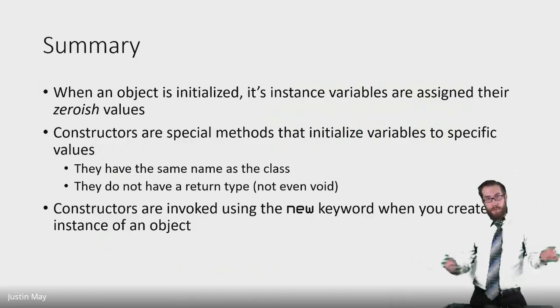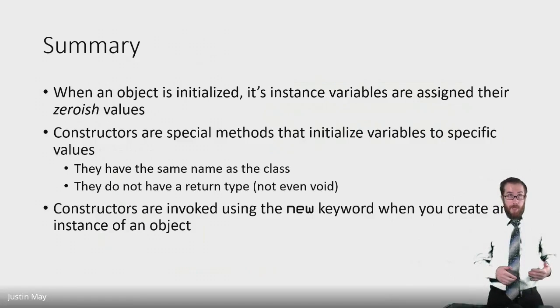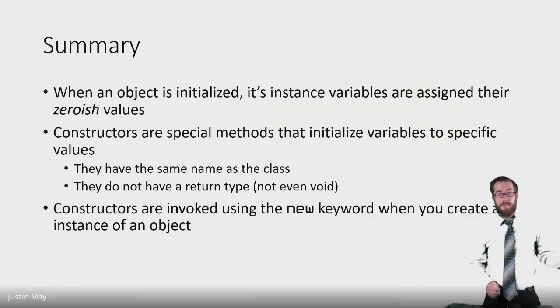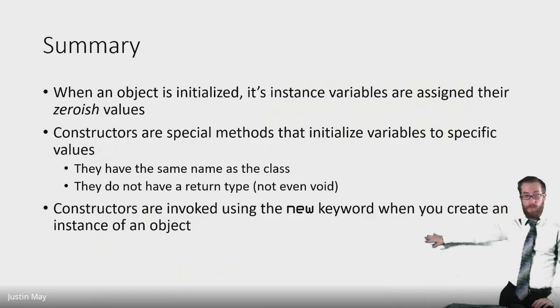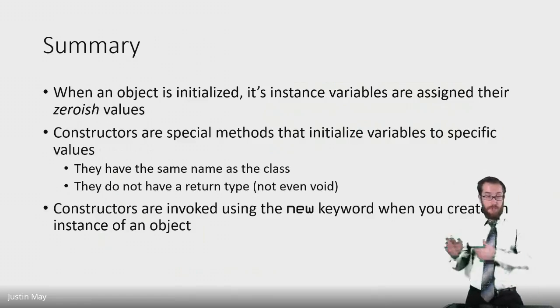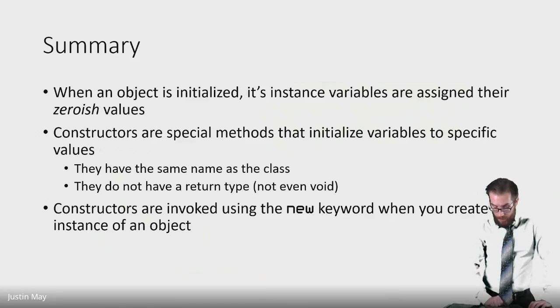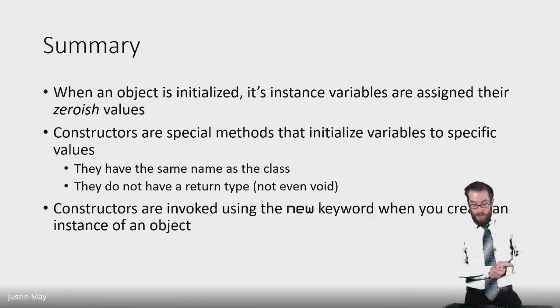And you can use parameters in your constructor to let the user, when they create a new instance of the object, say what they want those instance variables to be. And you invoke the constructor with the new keyword. So when you say new Ball, that's invoking the Ball constructor in the Ball class. When you say new String, you're invoking the String constructor in the String class. And that's it. That's constructors. No big deal. That is computer science.